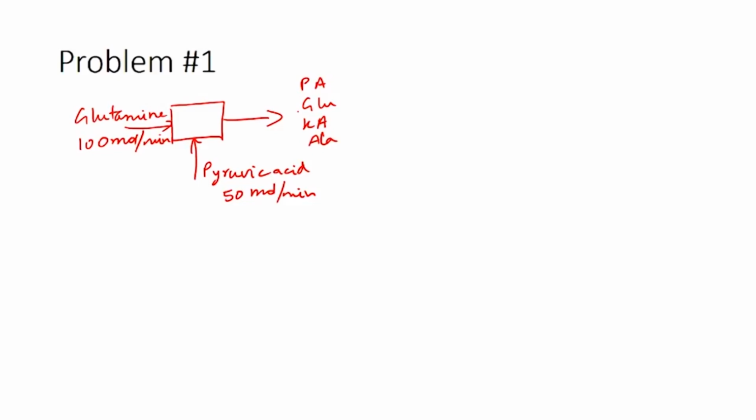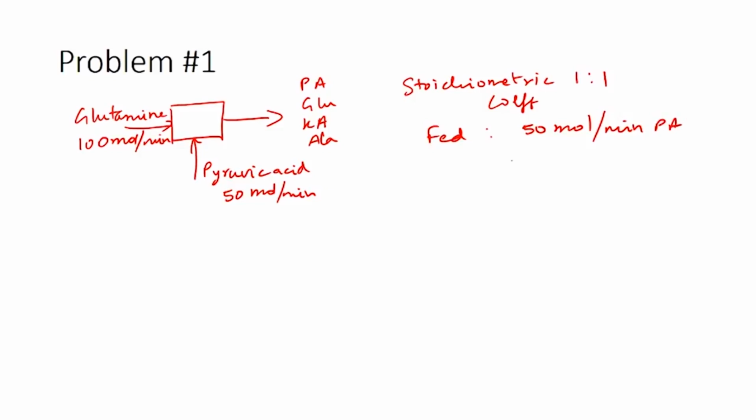Now we need to first identify which of these two is the limiting reactant. The stoichiometric coefficients for both these reactants is 1, which means the ratio of the stoichiometric coefficients is also 1. Here it is fed as 50 moles of pyruvic acid per minute and 100 moles of glutamine per minute.